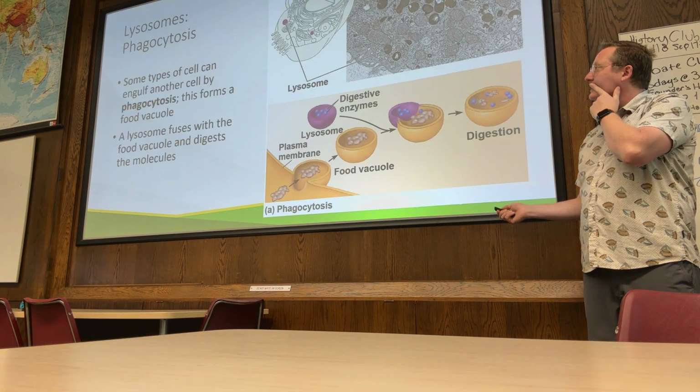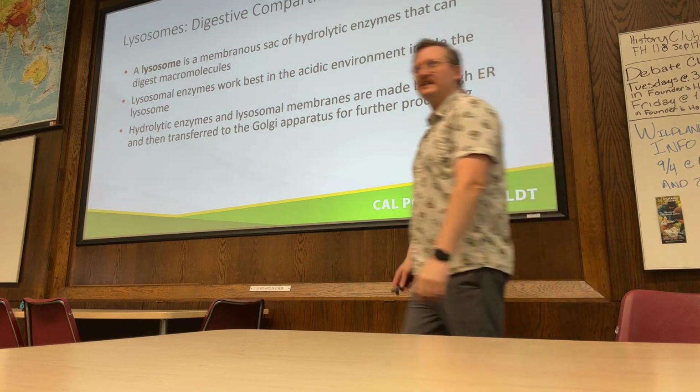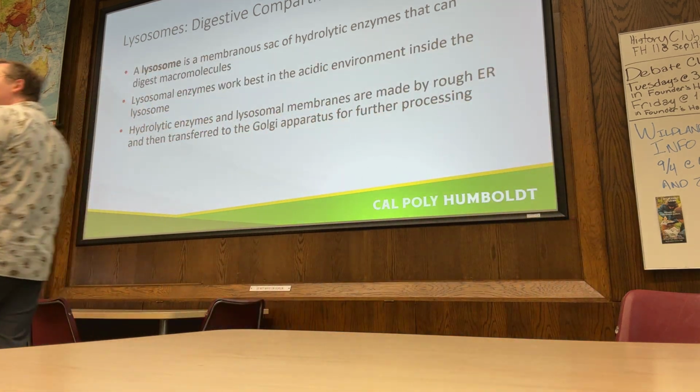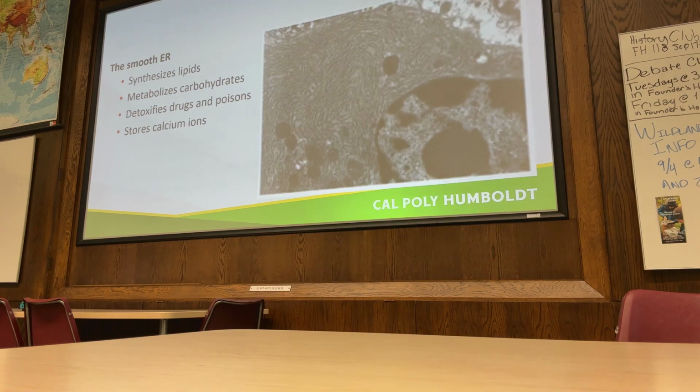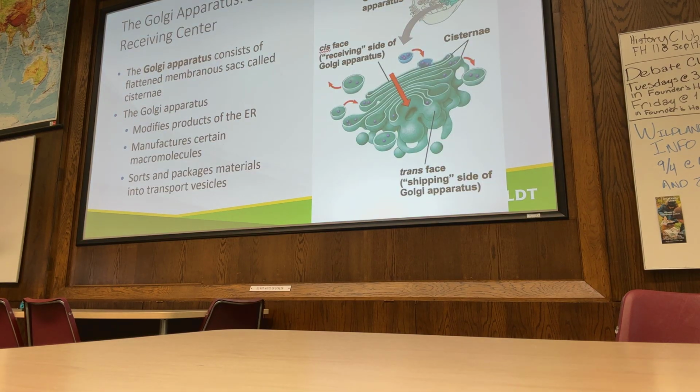Here we go, phagocytosis. So the endomembrane system, it's a bunch of membrane sacs that are all connected by vesicles, okay? And these vesicles can fuse with other members of the endomembrane system because they're all phospholipid bilayer.